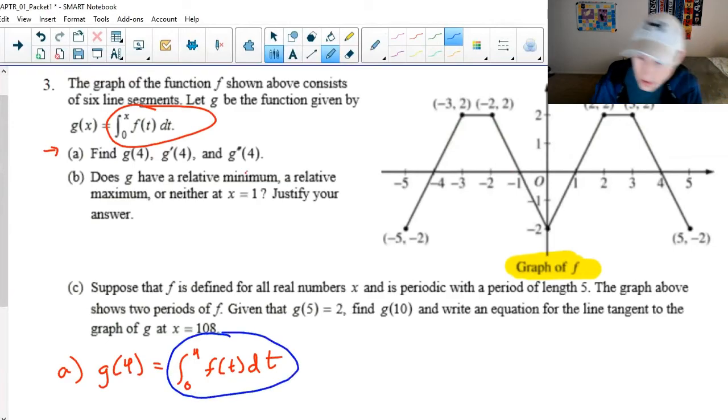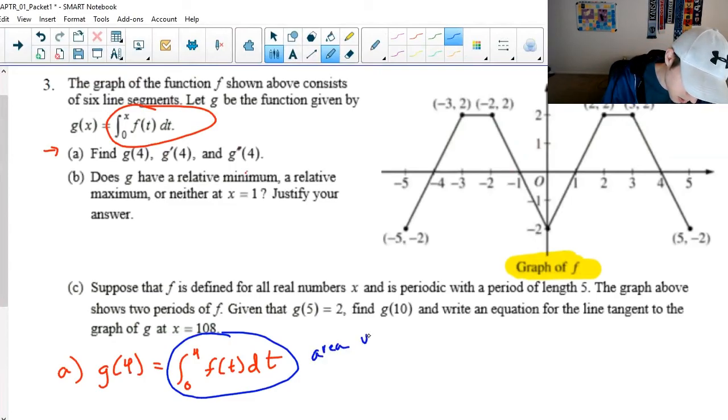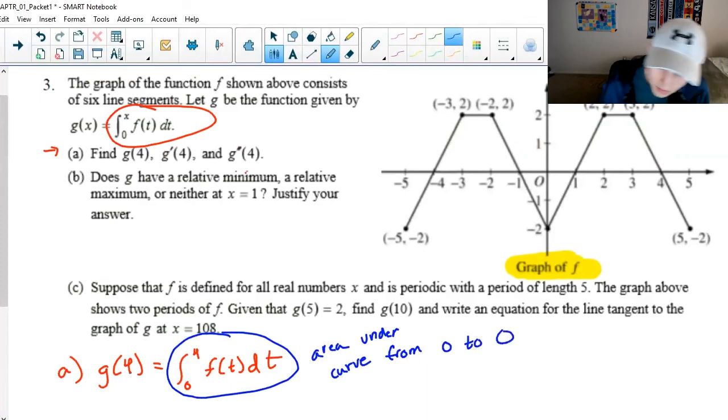Again, whenever I think about this integral, do I actually have an equation that I can integrate? No. But I do have this graph. So in terms of the graph, we have to be able to make the connection and say, oh, the integral represents what on the graph? The area under the curve from 0 to 4.